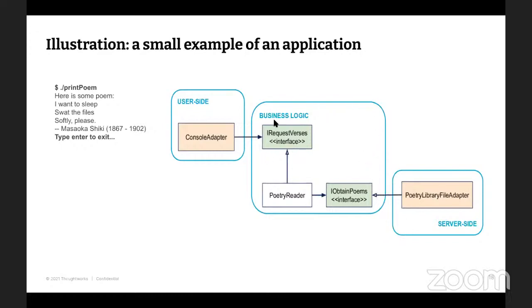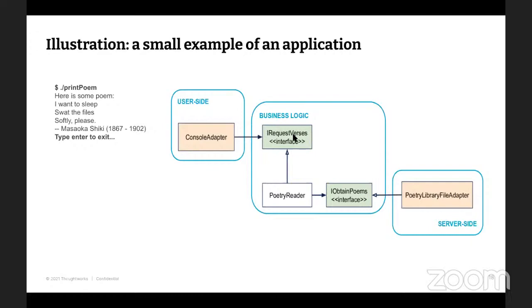So the notion of this business logic layer is to read the poem, right? When it gets the request from the user side, all that the business logic needs to do is read the poem. How this is achieved is that this central layer introduces an interface called IRequestVerses.